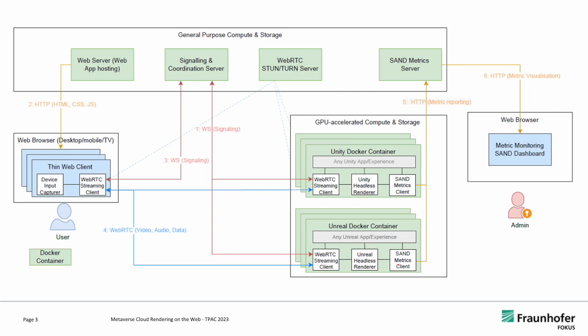The signaling server employs WebSockets to facilitate the exchange of WebRTC signaling data, establishing a peer-to-peer connection between the web client and the cloud renderer. Furthermore, rendering and WebRTC performance metrics are captured and reported to a metrics server via HTTP, with these metrics visualized through a comprehensive monitoring dashboard accessible via web browser.